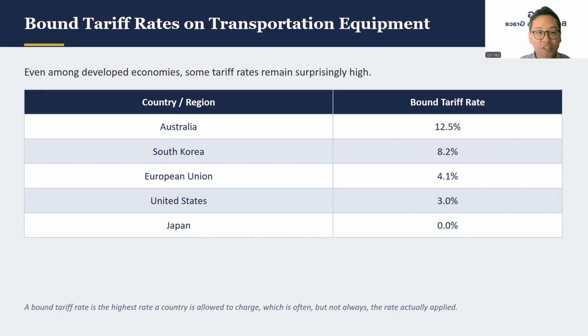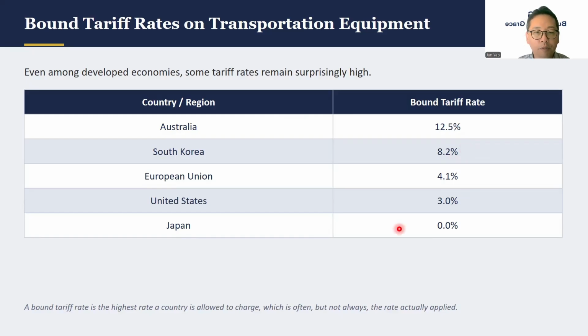Most developed nations have brought their tariffs on industrial products down to under 4% of value, but important exceptions remain. Look at transportation equipment as an example. Australia and South Korea, both members of the OECD, still keep bound tariff rates of 12.5% and 8.2% on transportation equipment imports.